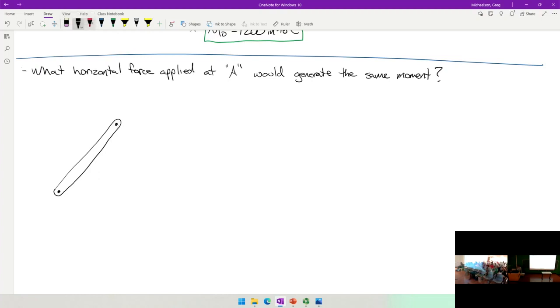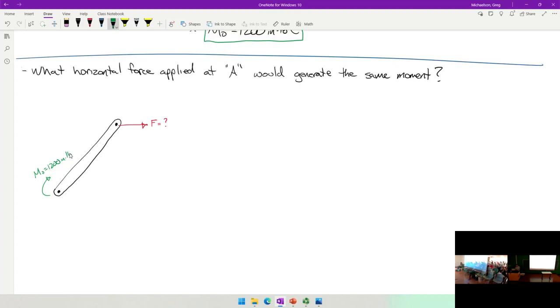So what we're trying to do in this case is apply a horizontal force. Now, I don't know how much, but I know I want to apply a horizontal force. And I want to do that in such a way that I generate a moment about this point of 1,200 inch-pounds. So how do I do that?